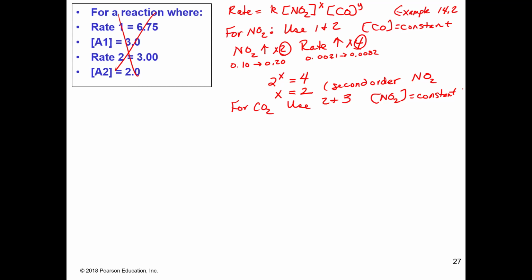So CO goes from 0.1 to 0.2, so it goes up times 2, and the rate for 2 to 3 was 0.0082, and it goes to 0.0083.